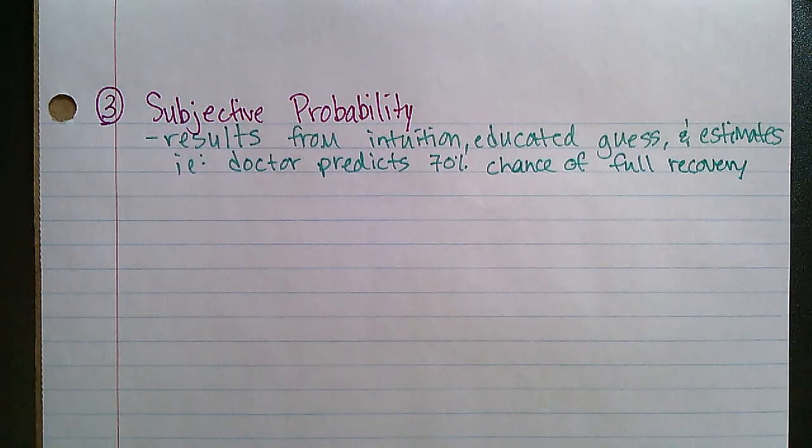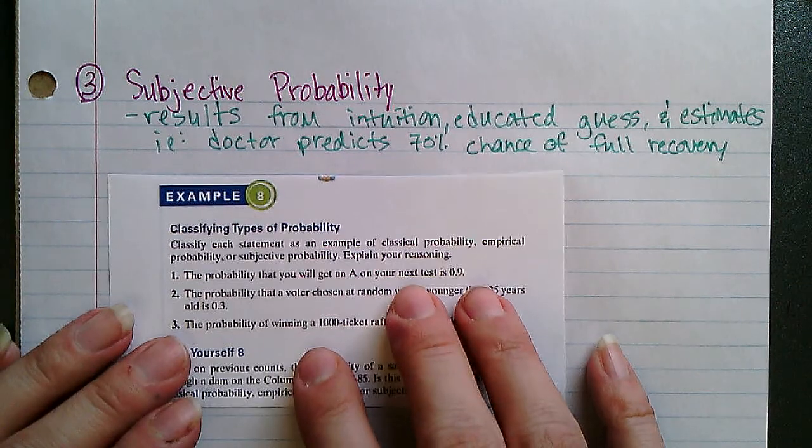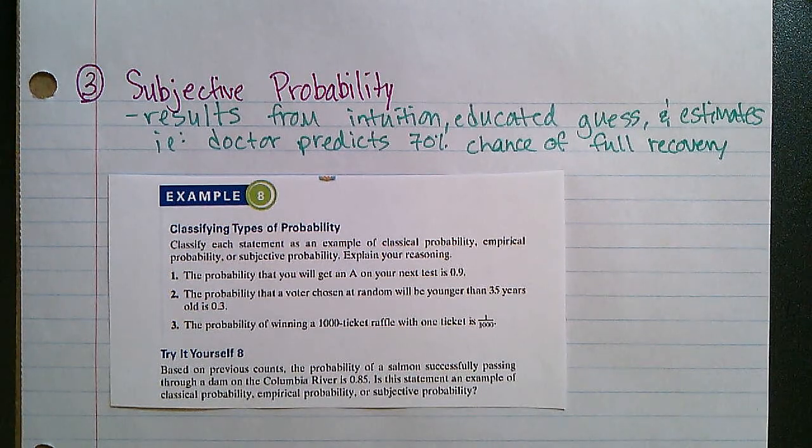That's going to be based on his or her experience with similar injuries, but also based on observations of your injury and maybe how you've recovered from things in the past, and just kind of making an educated guess or using intuition. So we're going to practice identifying if something is classical, empirical, or subjective.